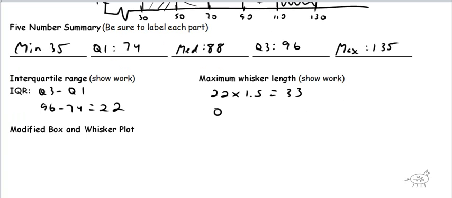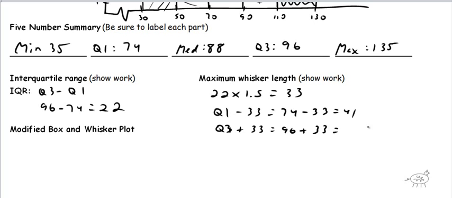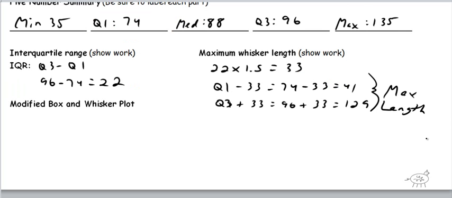So what we're going to do is I'm going to do Q1 minus 33, which is 74 minus 33, or 41, and Q3 plus 33, which is 96 plus 33, which is 129. So again, this is the maximum length.